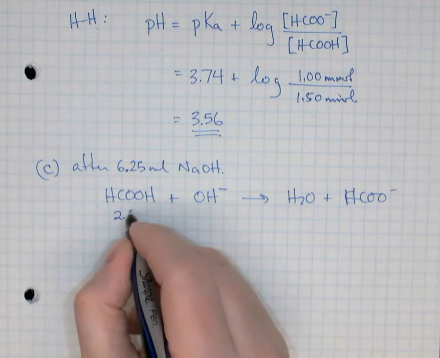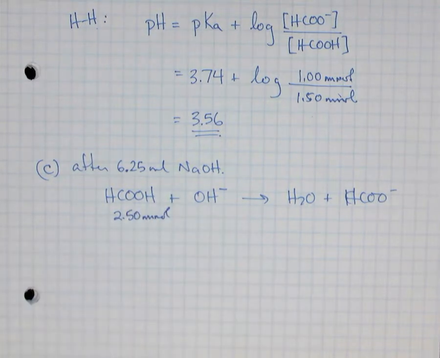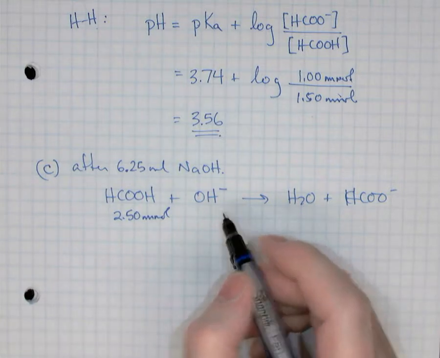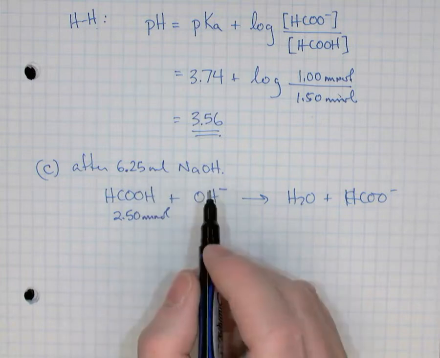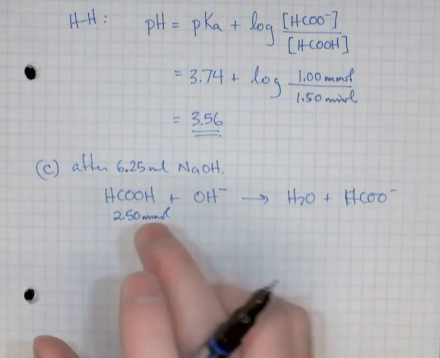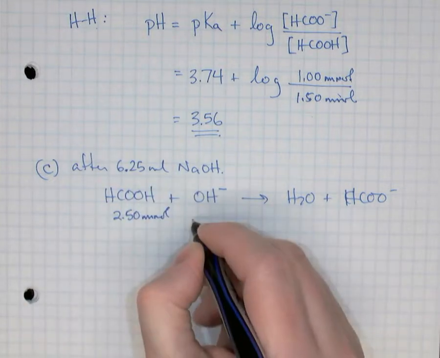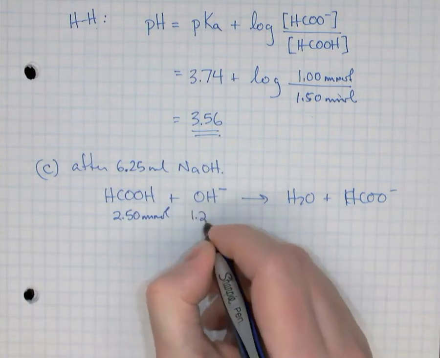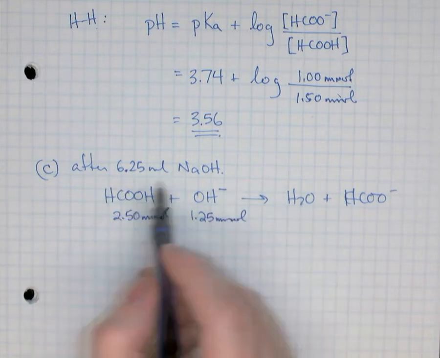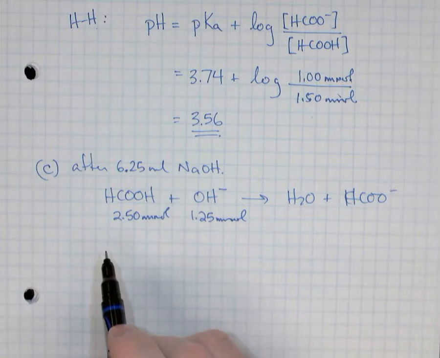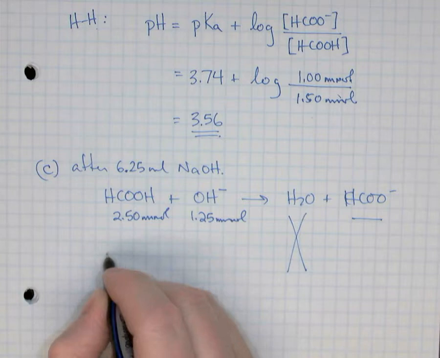We had 2.50 millimoles of the acid, 25 mLs of 0.1 molar, and now 6.25 milliliters times 0.2 is going to be 1.25 millimoles of hydroxide. The concentration of the base was 0.2 molarity. And then we can ignore water.